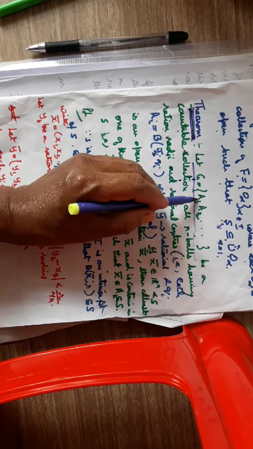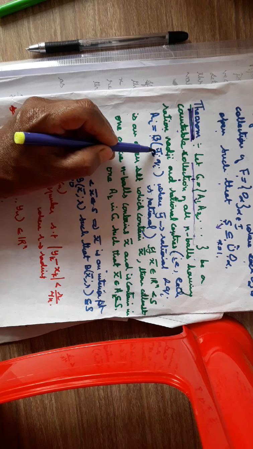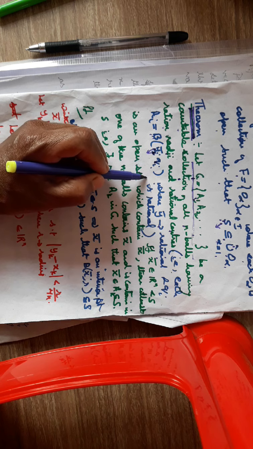That is, each of this A1 will be of this form: an open ball whose center is a rational point and radius also is a rational number.